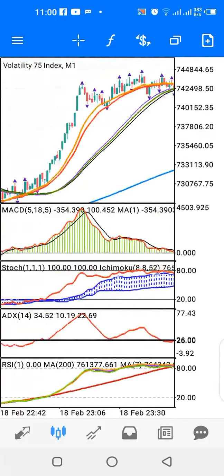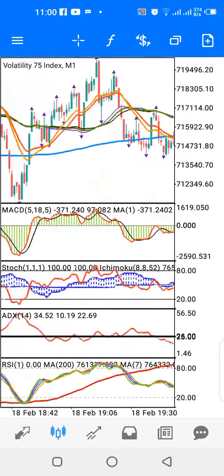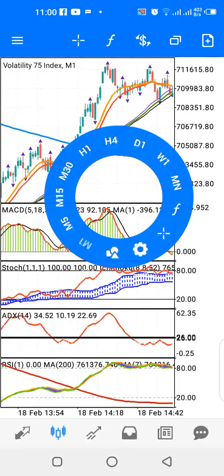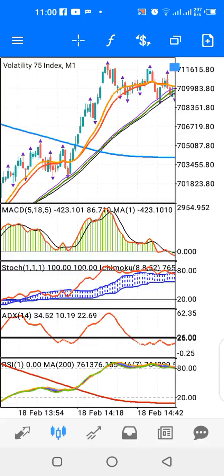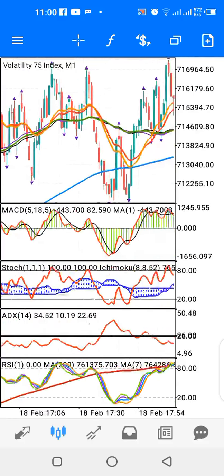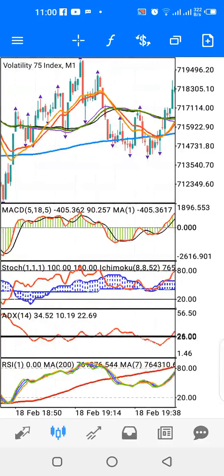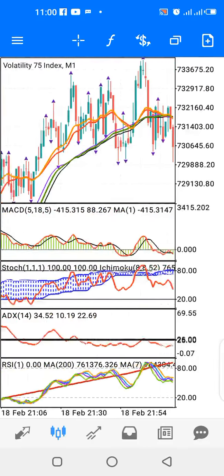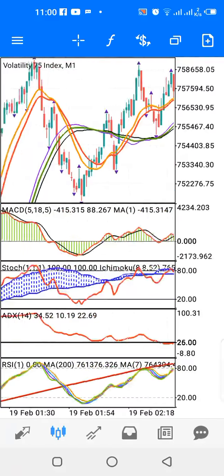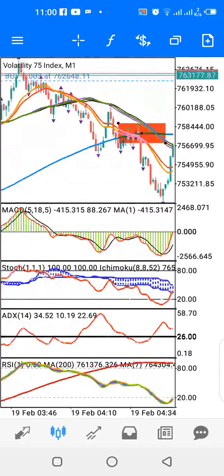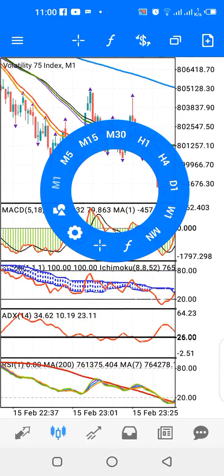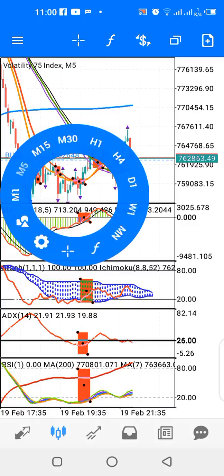Okay, let's continue. Now here's a bullish change in trend. Okay, I can see the line stayed above the blue line, continued upwards, until it changes at that point.